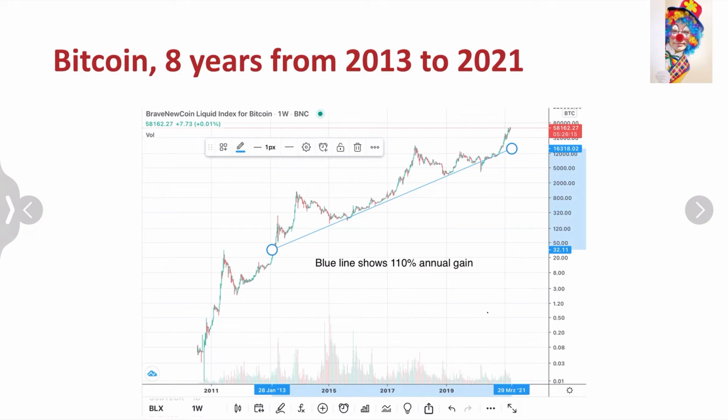We see the annual growth of this blue line is 110%, and this means every year a factor of 2. For Bitcoin we will also have an additional presentation where I go a little bit more into detail on how the Bitcoin price can be seen.